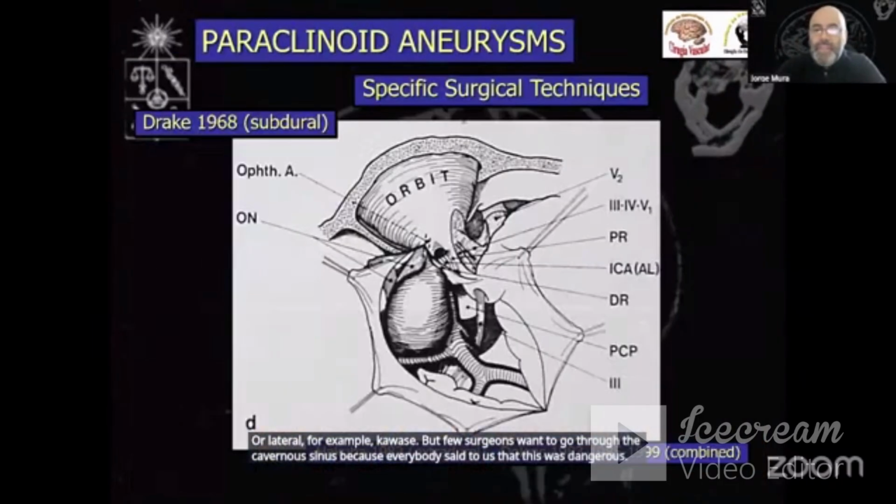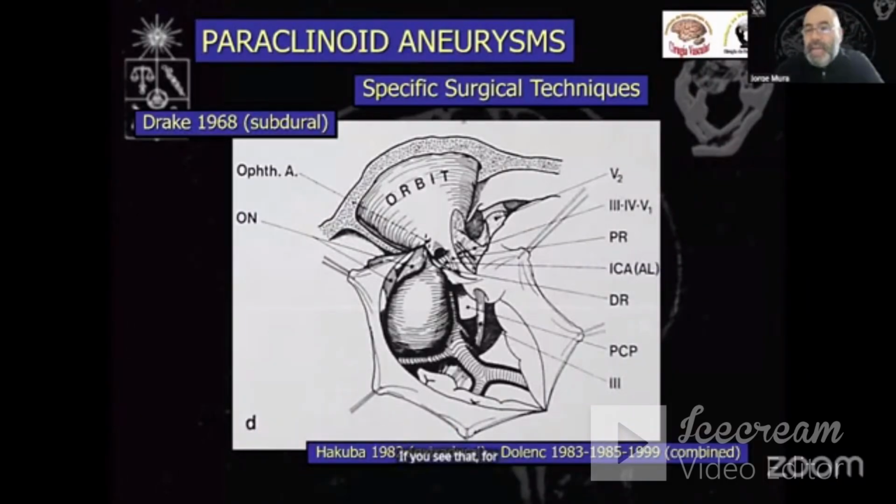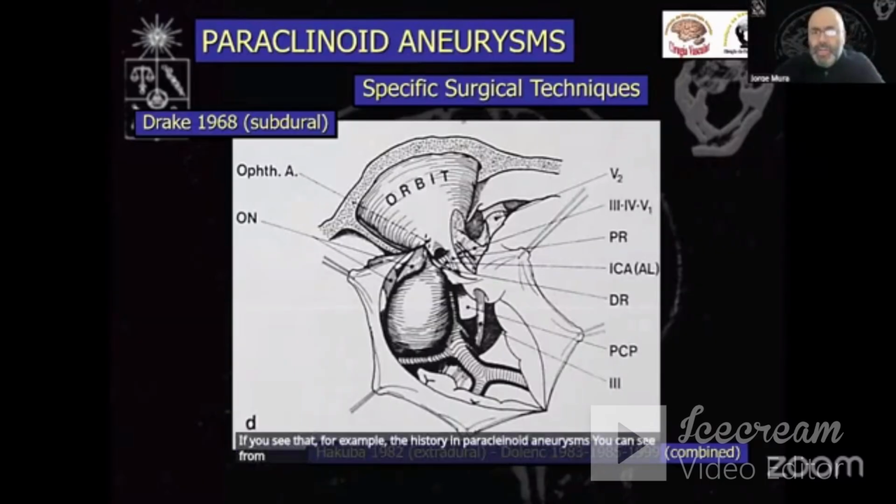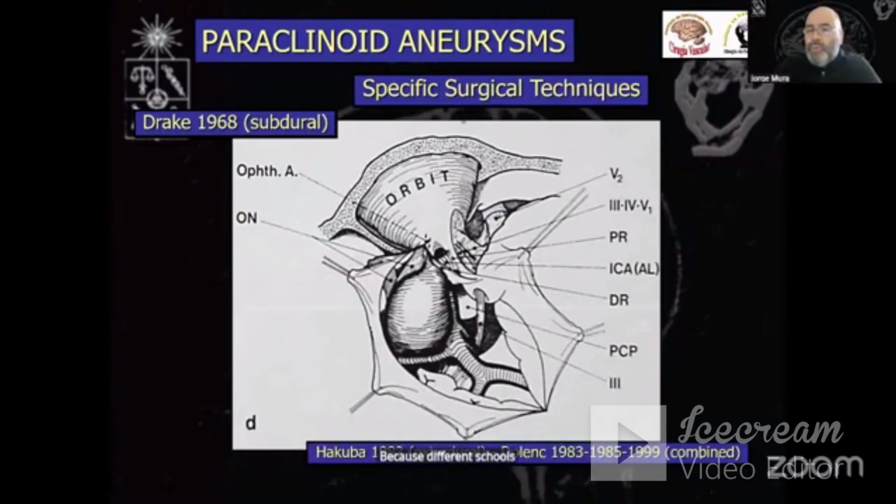If you see, for example, the history of paraclinoid aneurysms, from Canada, Charles Drake described the subdural clinoidectomy. Hakuba from Japan described the extradural pure clinoidectomy, and Dolenc from Europe described the combined. Because different schools have a different view of the cavernous sinus philosophy.